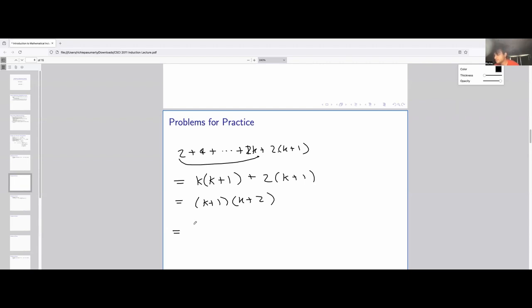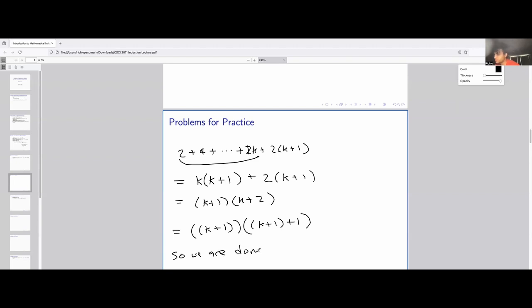Why is that the case? I'll just use some parentheses to show you why. This is equal to k plus 1 times k plus 1 plus 1. Okay, yeah, so we notice that this is what's expected from the formula. Okay, so I'll just write, so we are done. You don't have to write it like this.